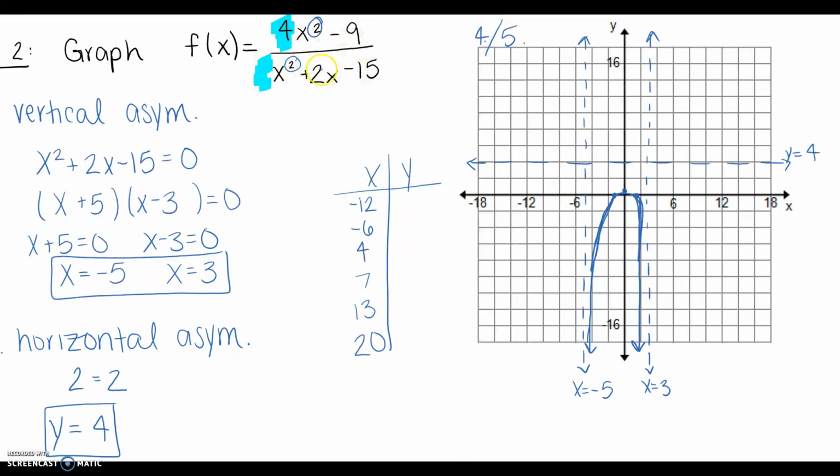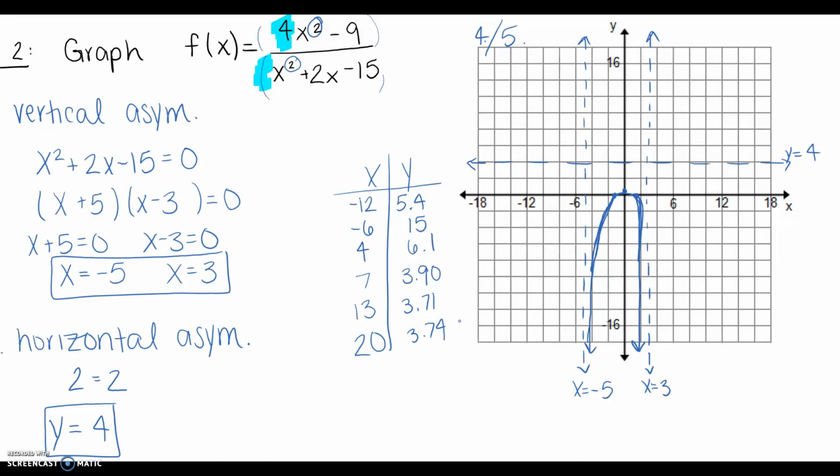You can use your calculator. 4 parentheses negative 12 squared minus 9, all divided by, you should probably put all of this in parentheses when you're doing it in your calculator. For negative 12, you should get 5.4. For negative 6, it's 15. 4 is 6.1. 7 is 3.9. 13 will be 3.71. And at 20, it'll be 3.74.